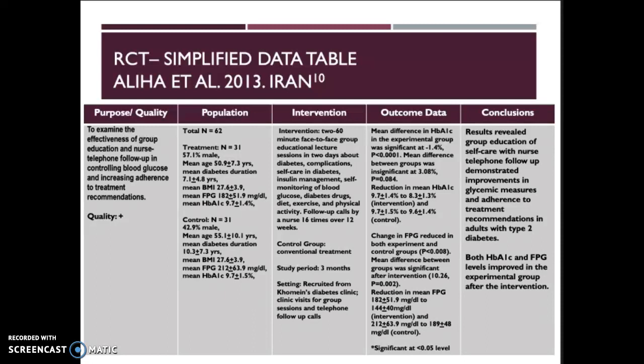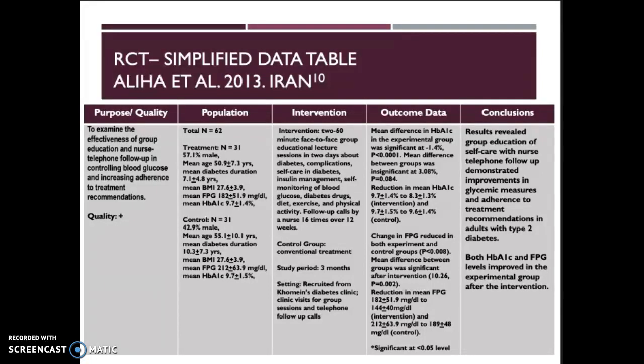The population was a total sample size of 62, and the percentage of male to female ratio was fairly even. This intervention included 2 60-minute face-to-face group education lecture sessions in 2 consecutive days discussing diabetes knowledge, complications, and self-care, as well as insulin management and self-monitoring of blood glucose.